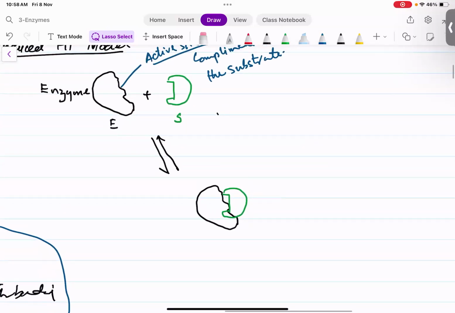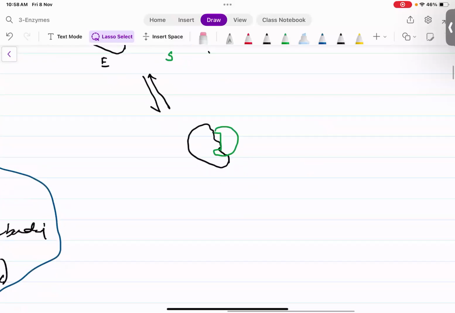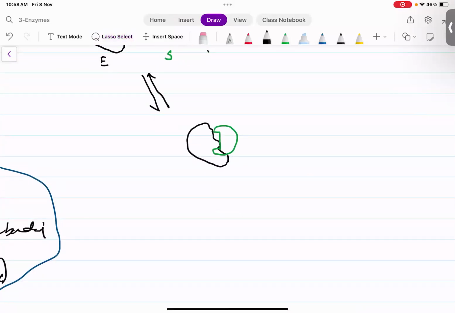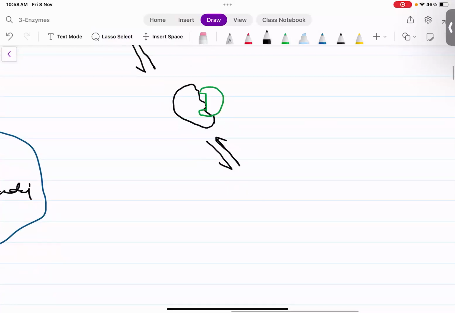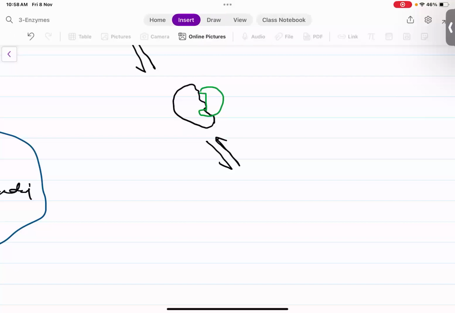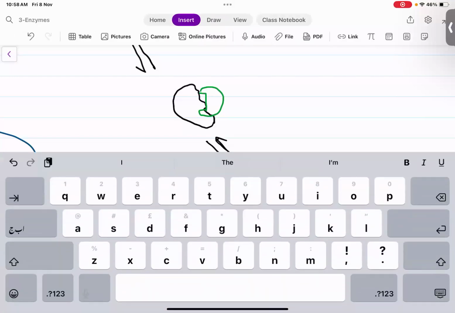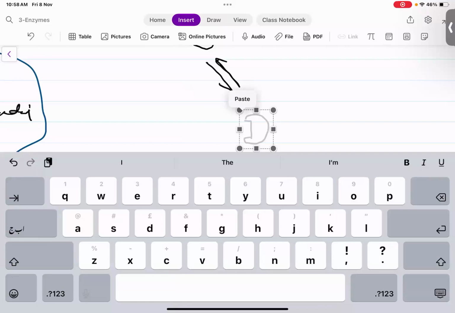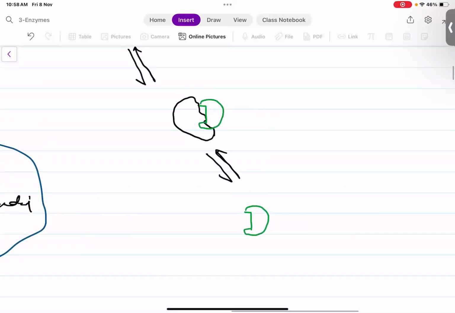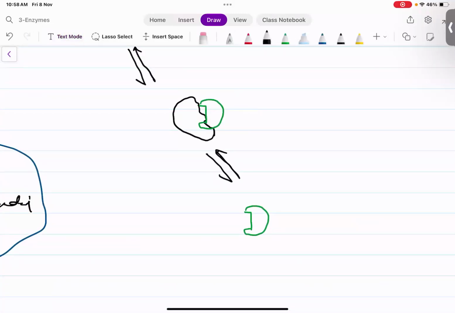And you see the active site is not complementary. It induces the change in the shape of an active site so that the enzyme is complementary.